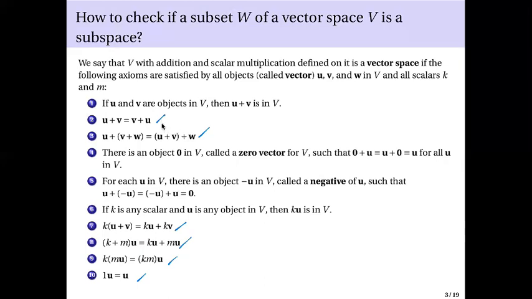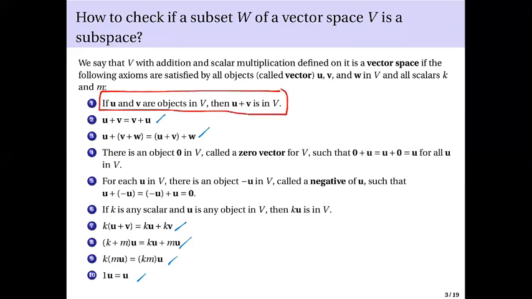If you get a collection of vectors from the vector space V and call it W, axioms 2, 3, 7, 8, 9, 10 are trivially satisfied. So what's left to show for the set W is axiom 1.